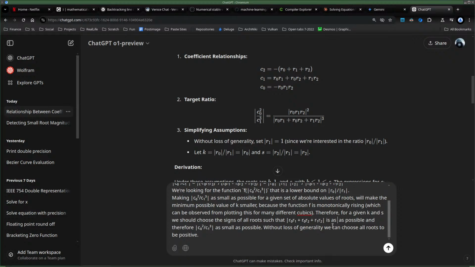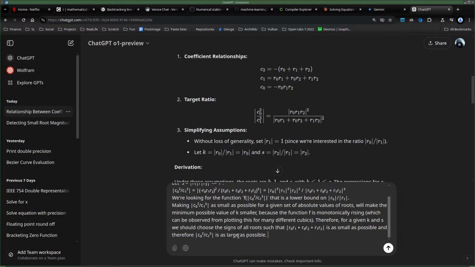Yeah, small as possible, and therefore this is as large as possible. And this is nonsense. So for given absolute values of the roots, we want to pick the sign such that this sum is as small as possible. Because then we end up at the curve that you look for.